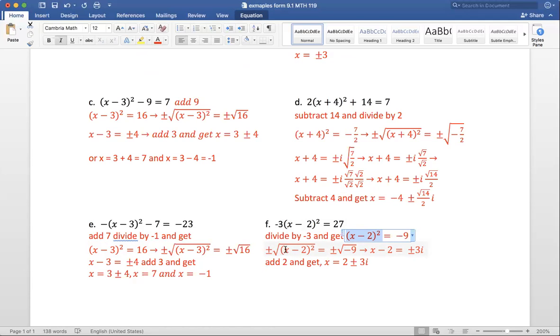We'll take plus and minus the square root of x minus 2 squared. That gives us x minus 2. That's where that came from. And then plus and minus the square root of minus 9. Remember, the minus gets pulled out as an i, and the square root of 9 is 3. So it's going to be plus and minus 3i. We'll add 2 to both sides, and then we get the a plus bi format.